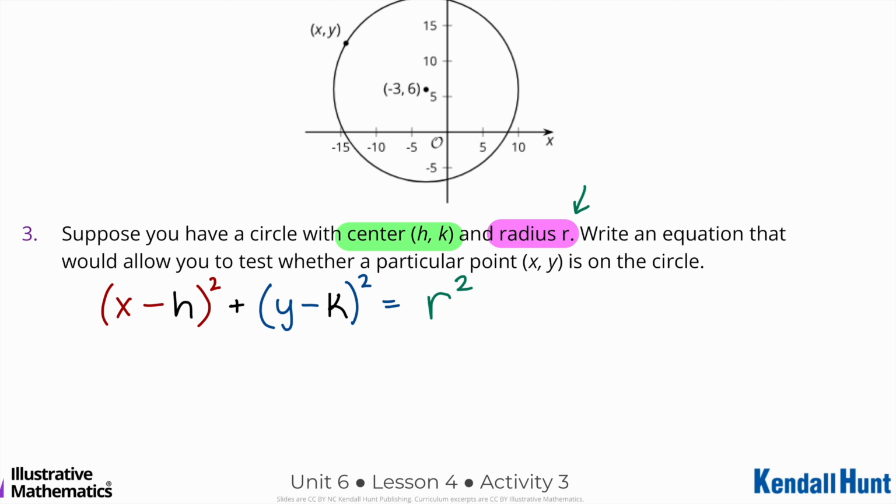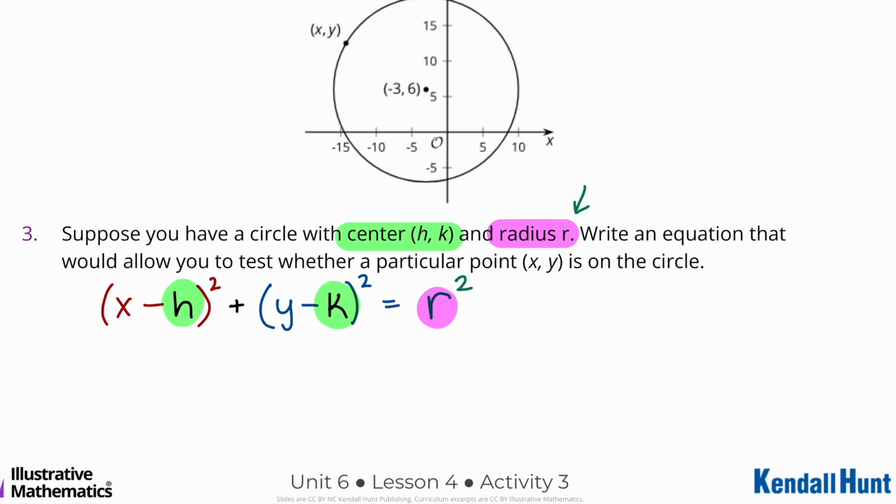Now, just to show you the parts that match here, h and k come from that center in that highlighted green part, and then the radius r is that pink part. Those were the three places that we were putting in pieces of information that they gave us. So we can make a general form like this, where we can input any center and any radius, and have a way to test if a point is on the circle, or on the exterior of the circle.